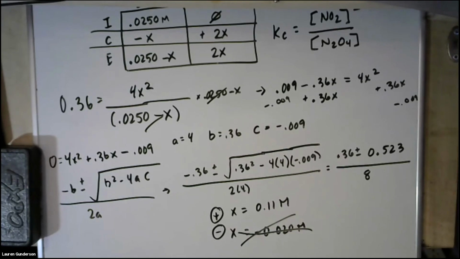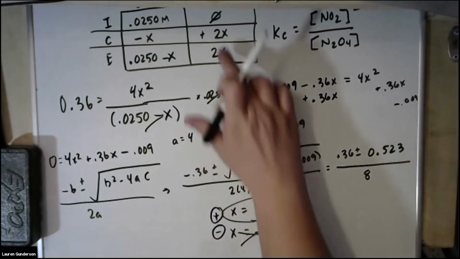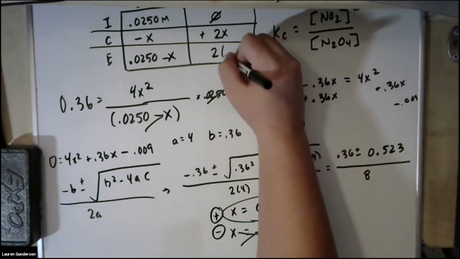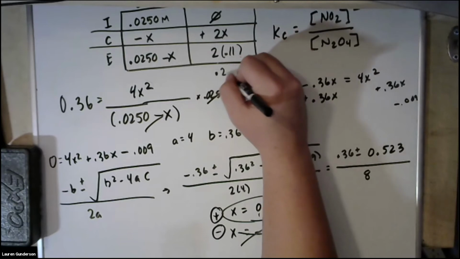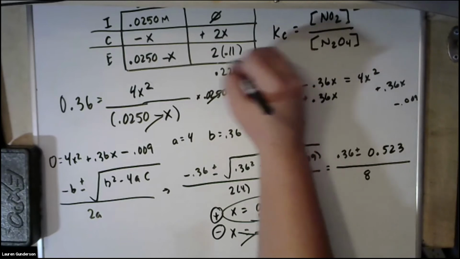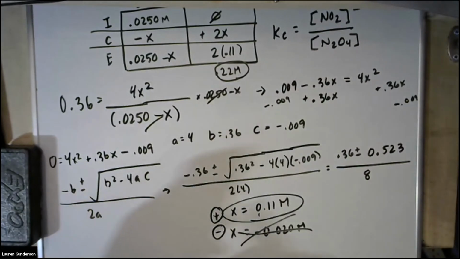All right. So last step is to plug this x value into your equilibrium row. So here we'll have 2 times 0.11, so we'll end up with 0.22 molar. And this will be point... Man, did I mess up me and my calculator? I tell you.